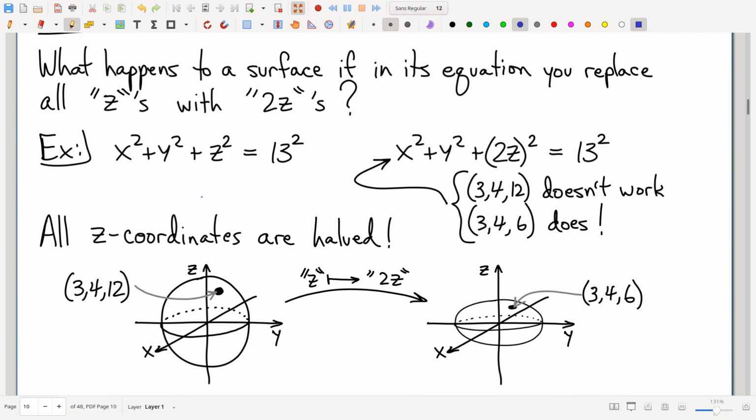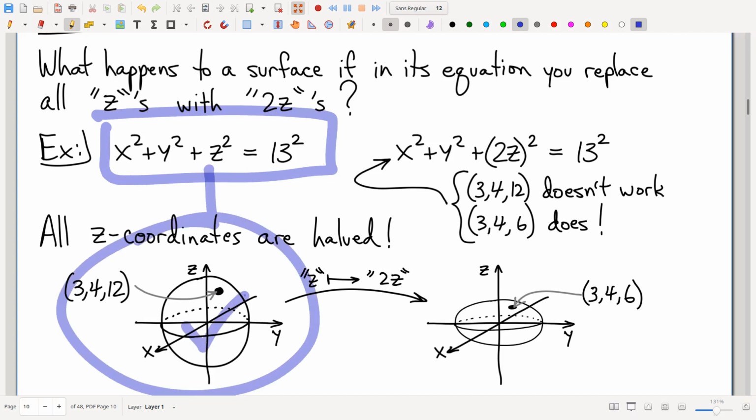And again, I'm going to argue by example. Suppose you have yourself an equation. Here's one, and I understand what that equation looks like. It's a sphere. Easy argument, distance from the origin. Spherical coordinates, if you prefer, whatever. That's a sphere. What happens if everywhere I see a z in this equation, I erase it and put in its place instead 2z?